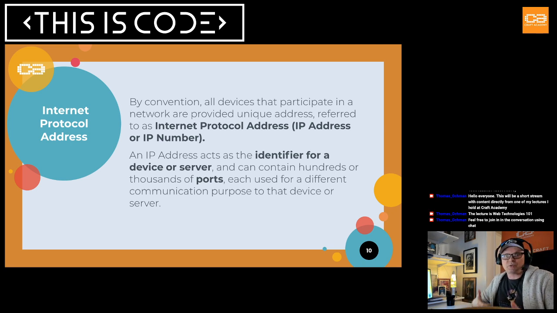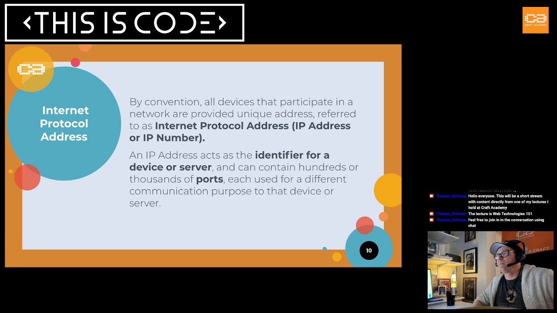Like human beings, you have your personal identification numbers, depending, of course, on where you live, but you need to have a unique address. And so that address is referred to as an Internet Protocol address, IP address, or IP number, which is something that you probably heard about. We'll show you an example of an IP number in just a second.